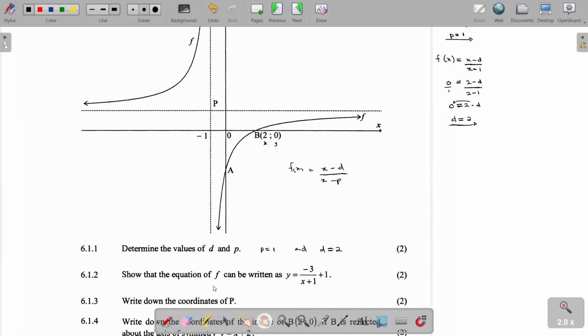Then they are saying show that the equation of f can be written as that one.